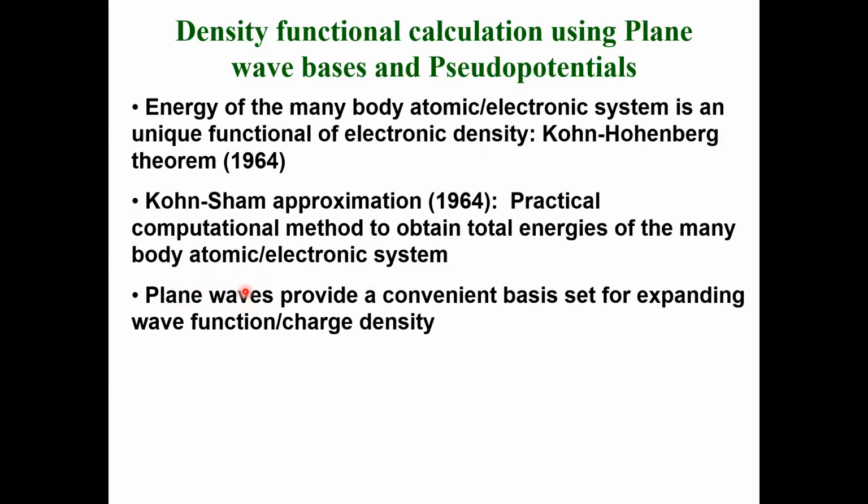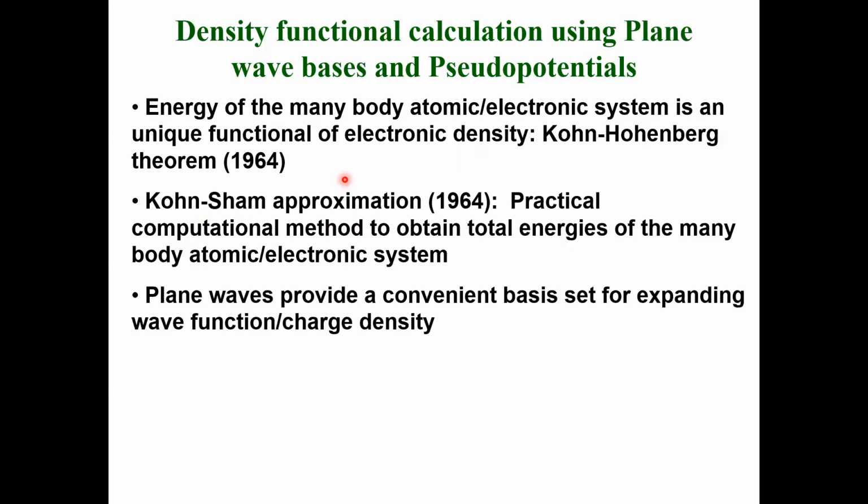These are plane waves, e to the power of ikx. That is a plane wave, right? As you vary k, the periodicity of the plane wave changes. So that provides a convenient symmetry, the symmetry of this elementary function, which is used for representing Kohn-Sham orbitals and the molecular electronic density.